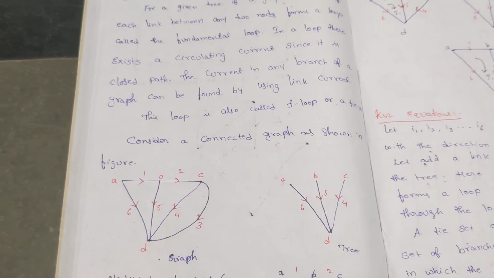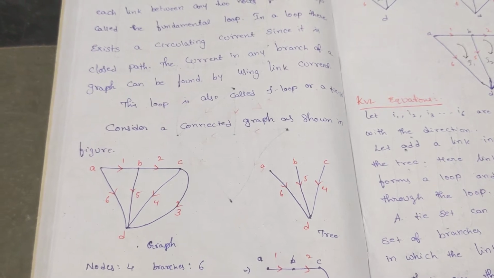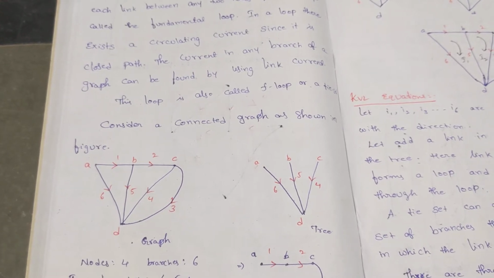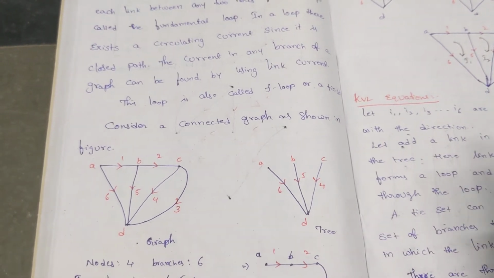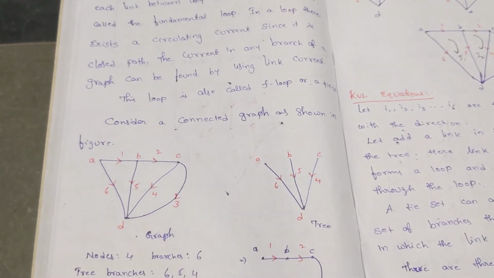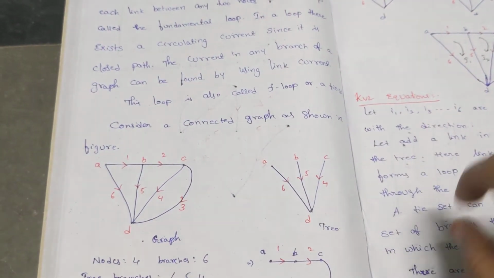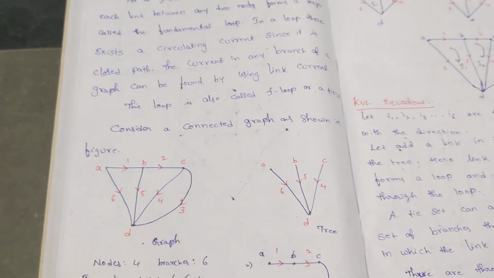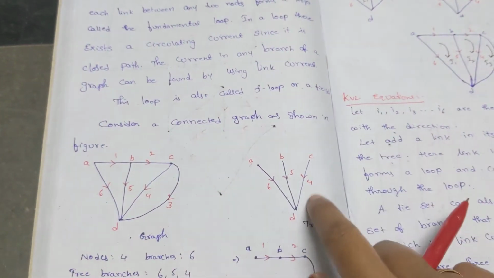If you have a network, you can assume those directions as per the current from the source to the loads, and the number of nodes, and in which direction the current is divided. If they simply give an undirected graph, the student can assume the directions. The tie set matrix, cut set matrix or incidence matrix depends upon the directions we choose in the branches.